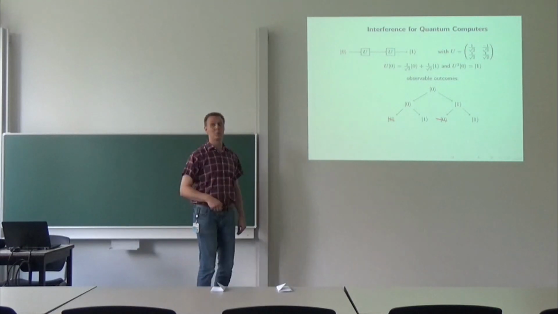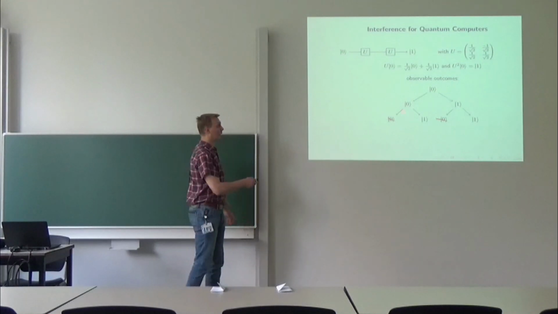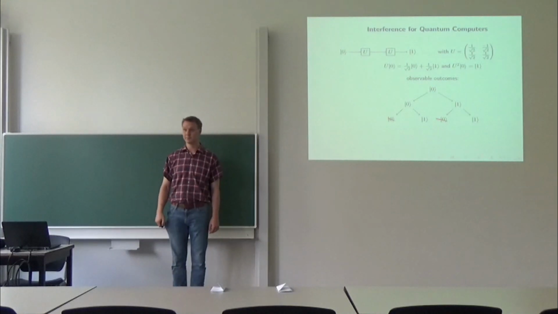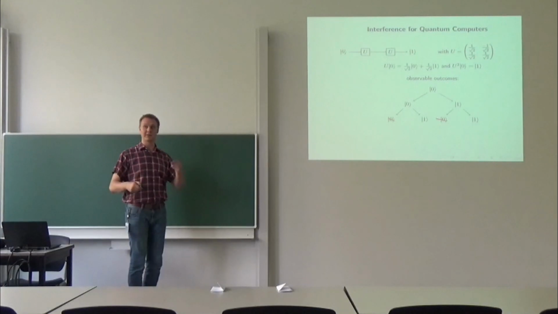So then the question is, what is the probability of measuring 0? Well, we take the amplitude of all possible paths to 0, the sum of the amplitudes associated with these paths, and then square it.